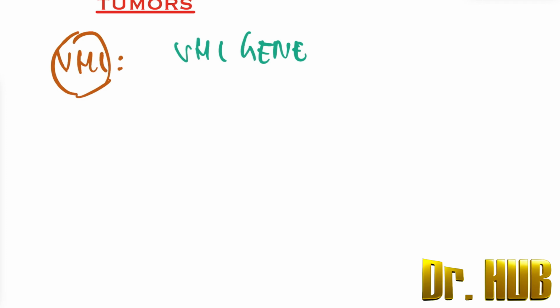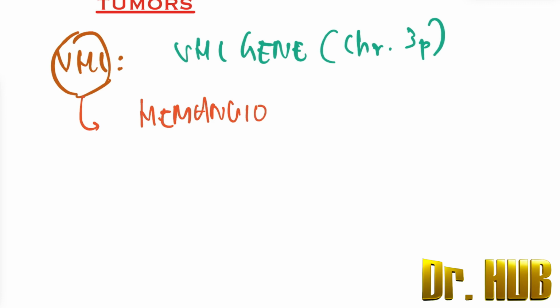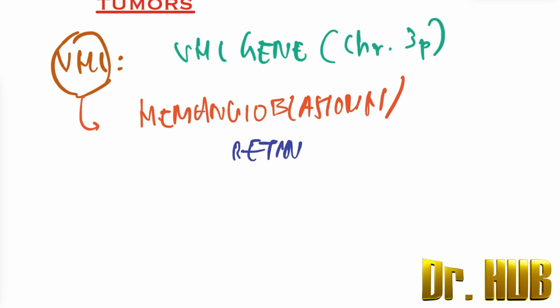Next, let's look at VHL. When you look at VHL, there is a VHL gene on chromosome 3p. What is the tumor here? In VHL, the tumors include hemangioblastomas as well as retinal angiomas.